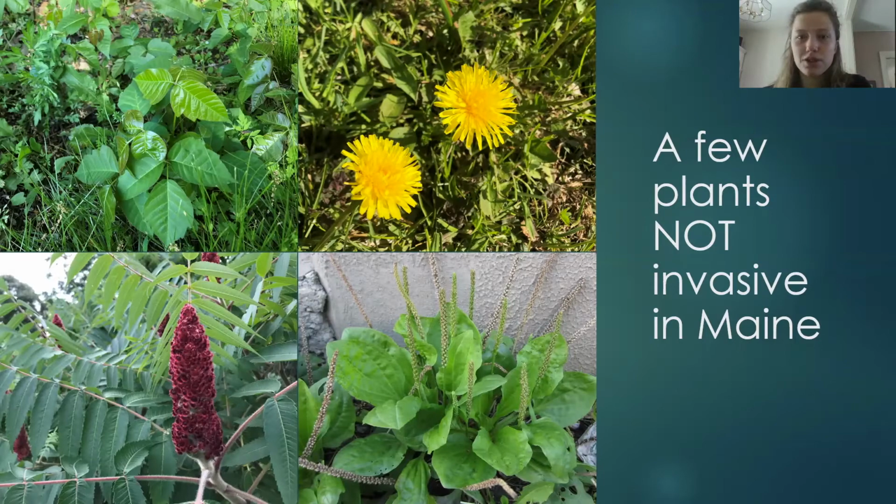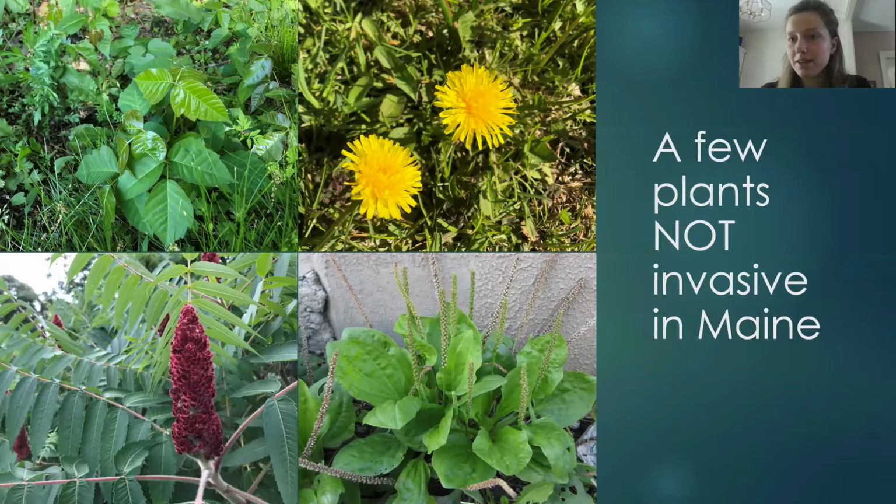But the management approach is going to be a lot different than it will be for plants that are actually invasive. I also showed the staghorn sumac, which sometimes people throw out there as, oh, it's so invasive, but actually this is a native species.